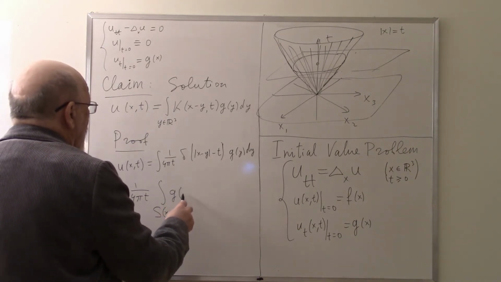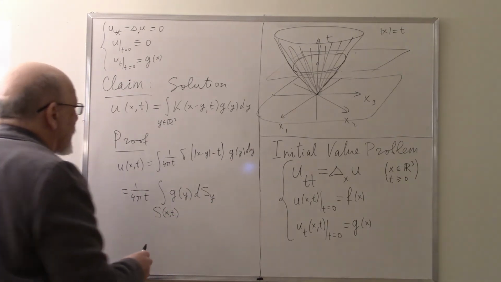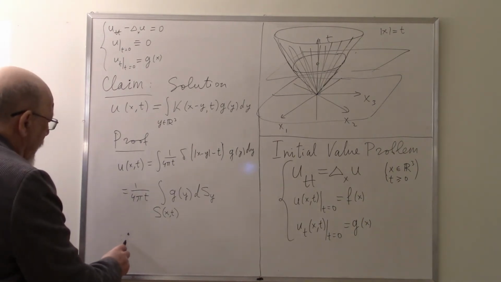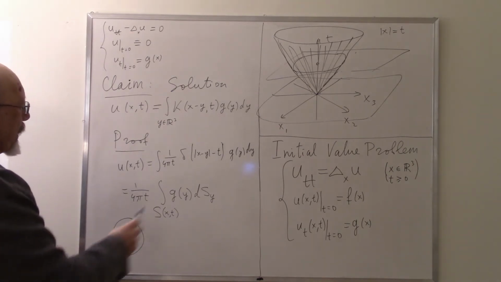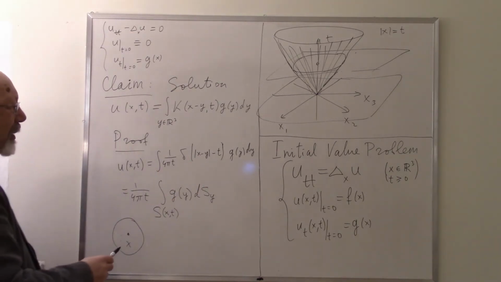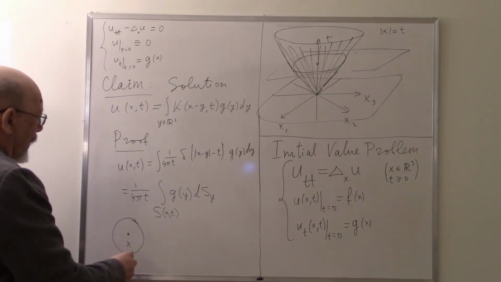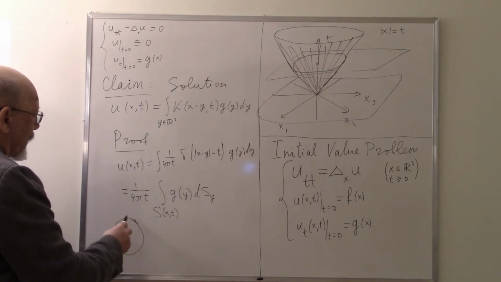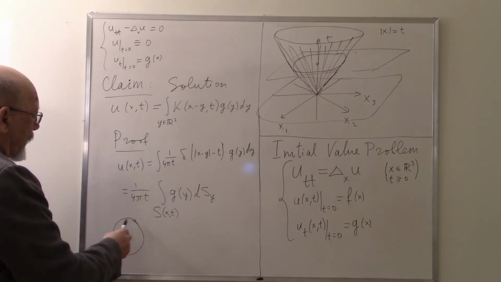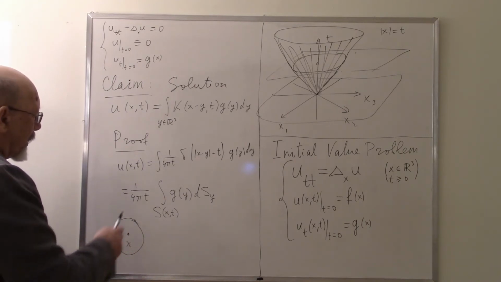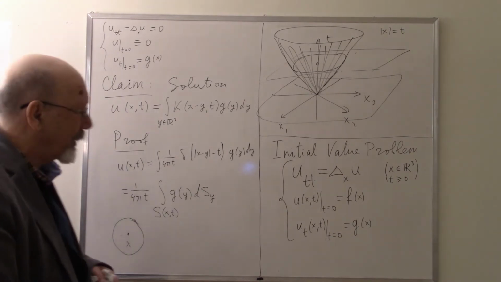Of g of y dS_y. So again, we have here the point x. We draw a sphere with center point x by this formula, and we have to integrate the function g over this sphere, and then divide by 4 pi t, and this will be the solution u of x, t.